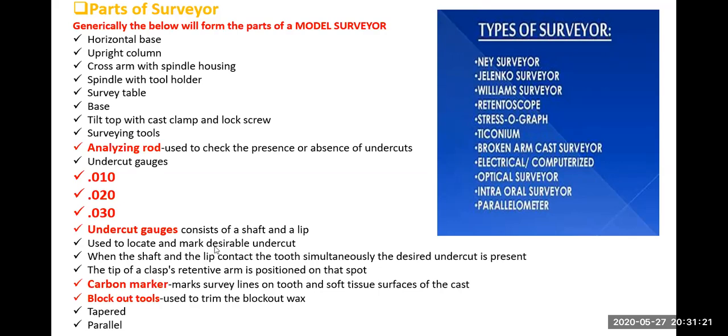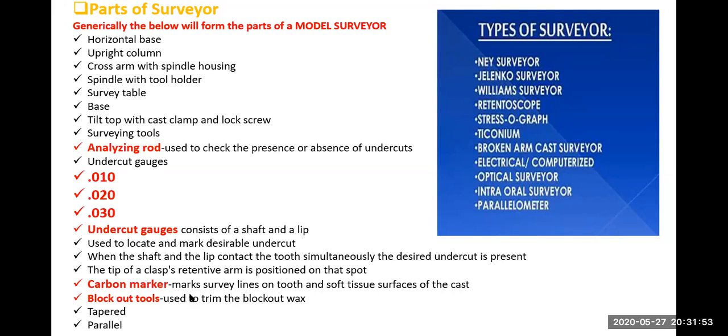The undercut gauges consist of a shaft and a lip. The lip measures the degree of the undercut and is used to locate and mark desirable undercut and undesirable undercut. When the shaft and the lip contact the tooth simultaneously, the desired undercut is present, then you'll be able to know. The tip of a clamp's retentive arm is positioned on that spot, that is, on the desirable undercut area.